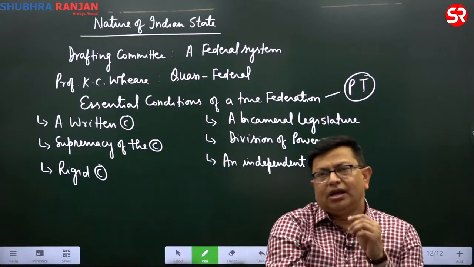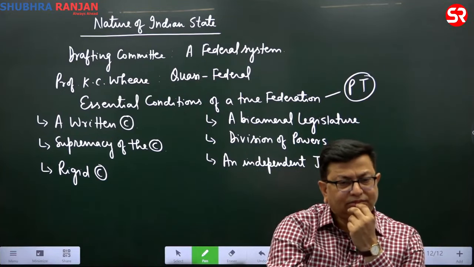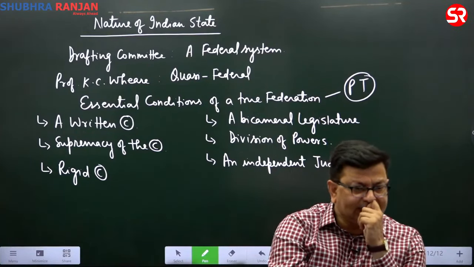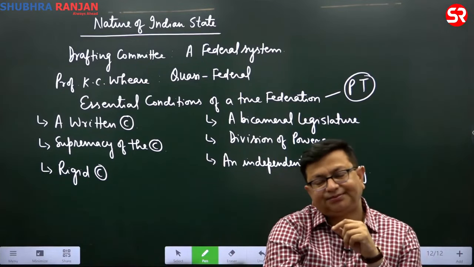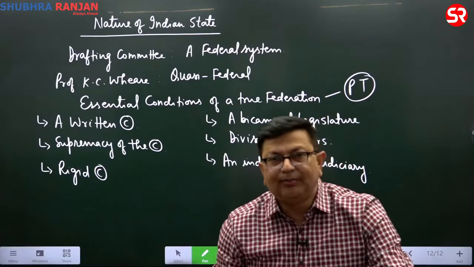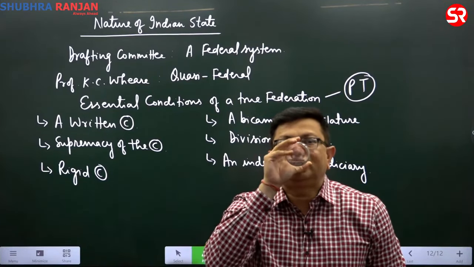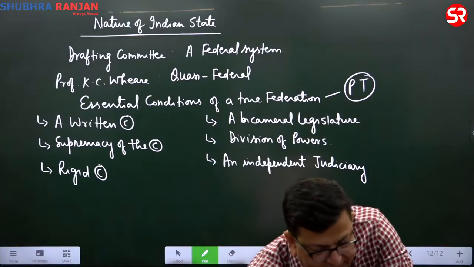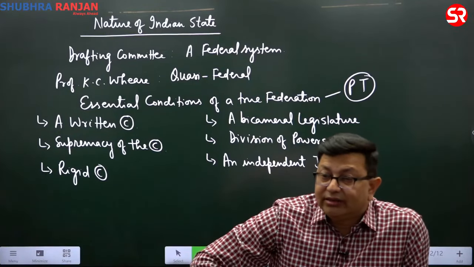Full stop. There is division of powers between the center and the states on the basis of 3 lists, given under Schedule 7.